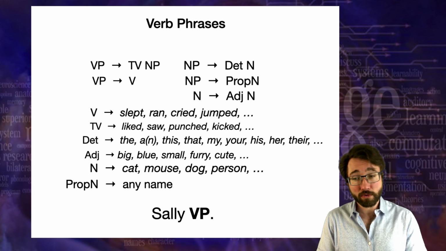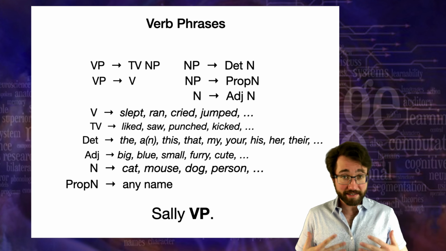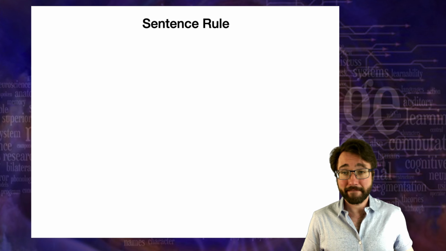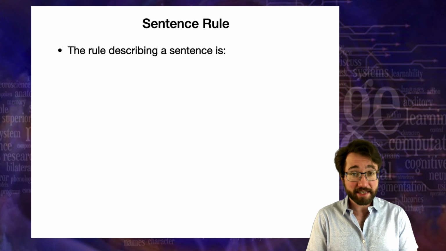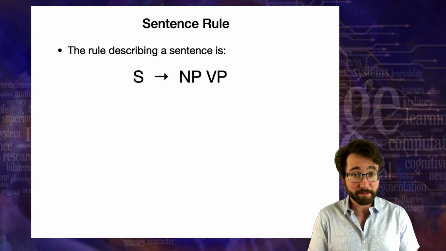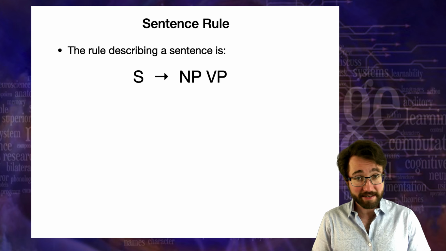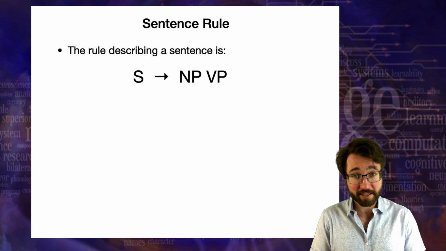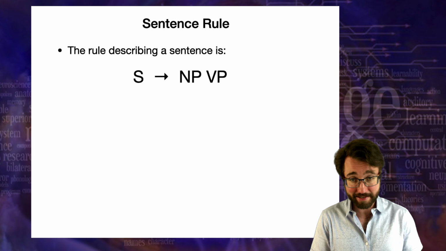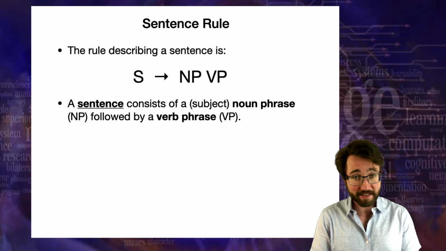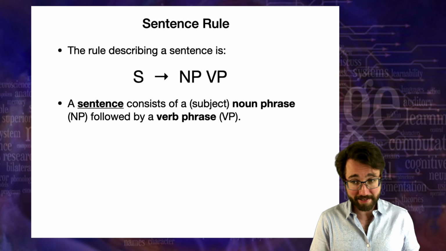So now with these rules, we can analyze the complete sentence. And we see that the rule that describes the complete sentence is the category S for sentence can consist of an NP followed by a VP. This is the rule that defines what a sentence is. A sentence consists of a noun phrase followed by a verb phrase.